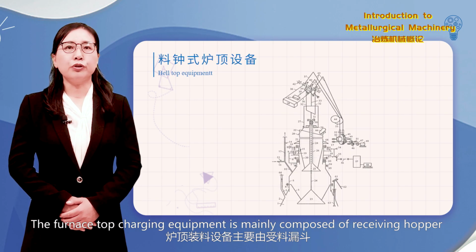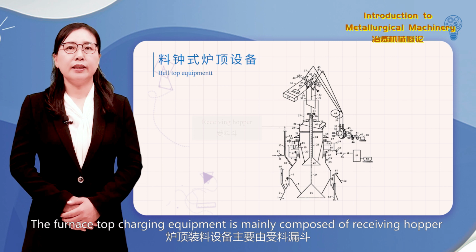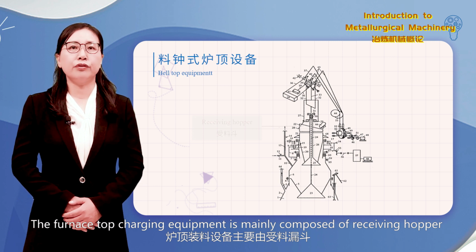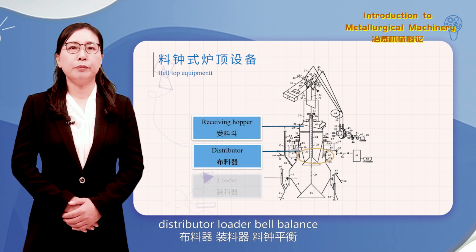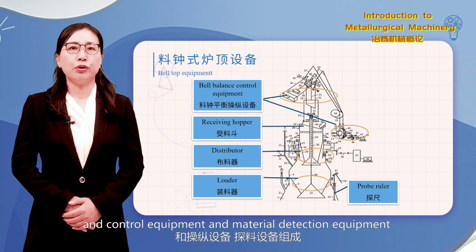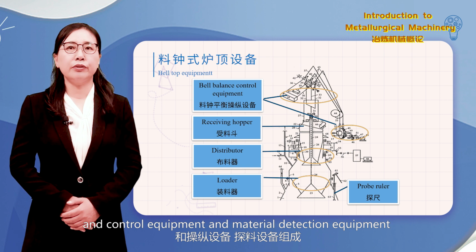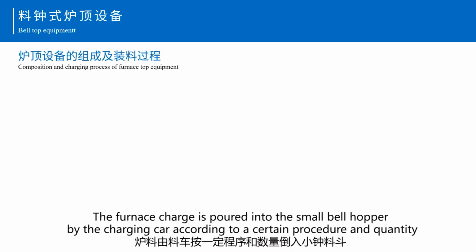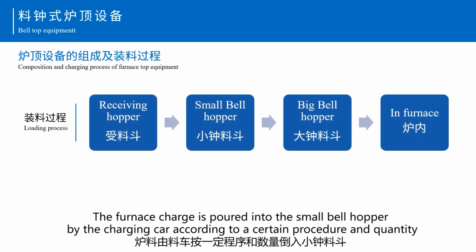The furnace top charging equipment is mainly composed of receiving hopper, distributor, loader, balance, control equipment, and material detection equipment. The furnace charge is poured into the small bell hopper by the charging car according to a certain procedure and quantity.